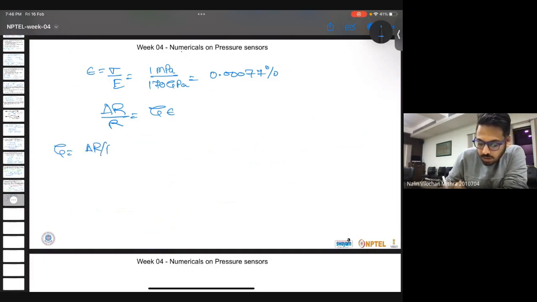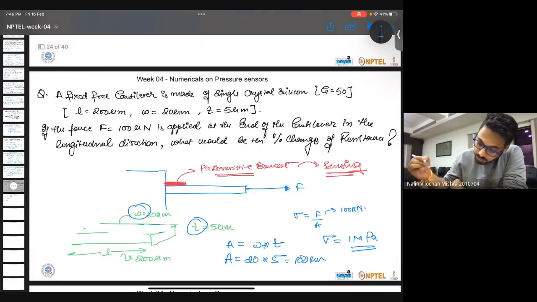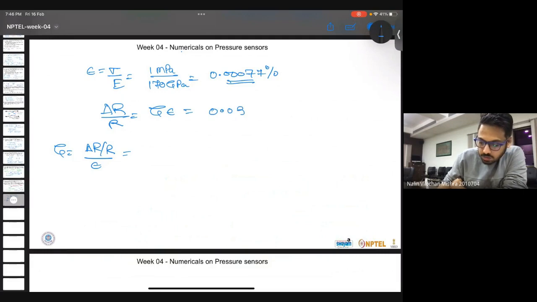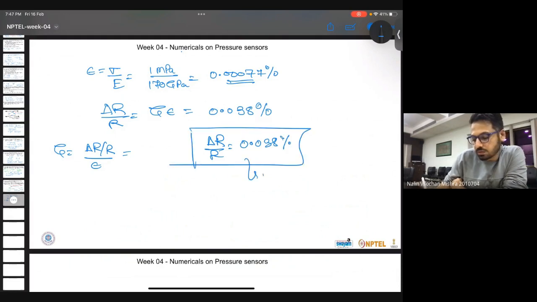Change in R by R is G times strain, and after putting it, the value of G is 50 and strain is coming out to be this value. We have 0.038%. So the percentage change is 0.038%. So this is the final answer.